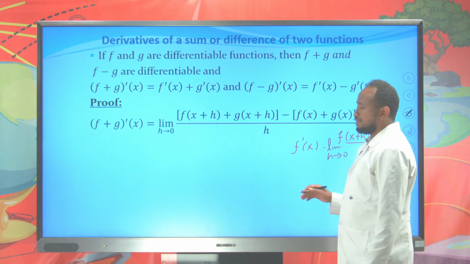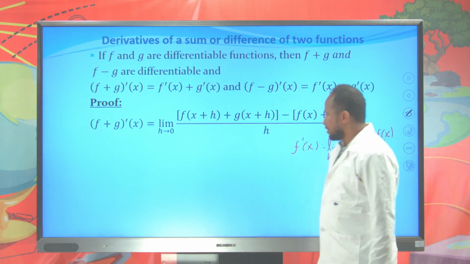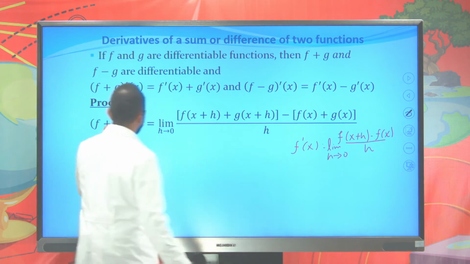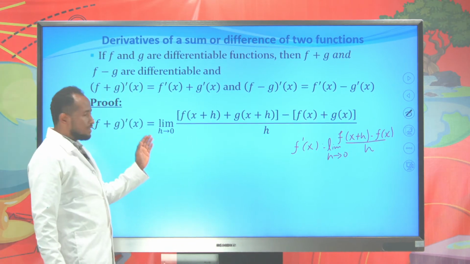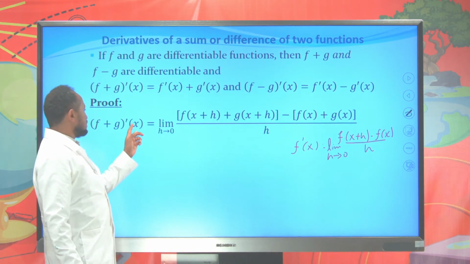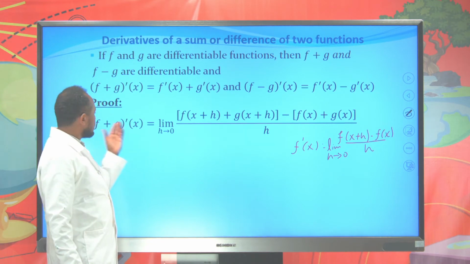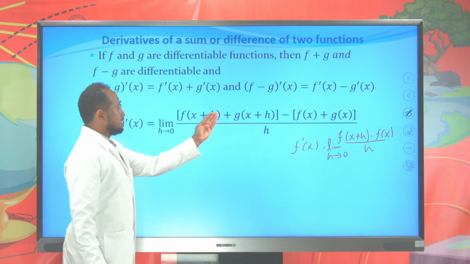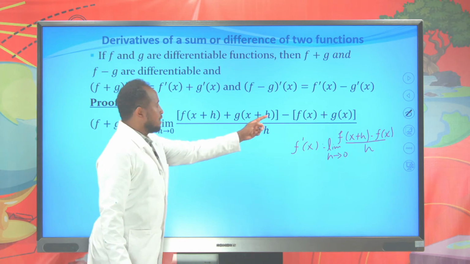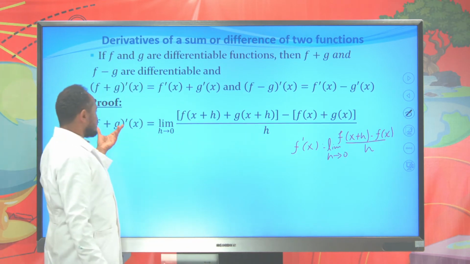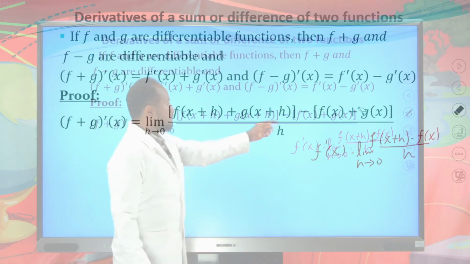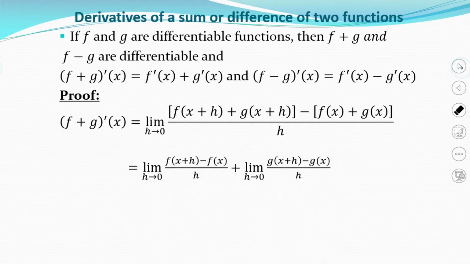This is the definition of derivative. So using this definition, for the derivative of f plus g, in place of x put x plus h, so this becomes f of x plus h plus g of x plus h, minus f of x plus g of x, over h.